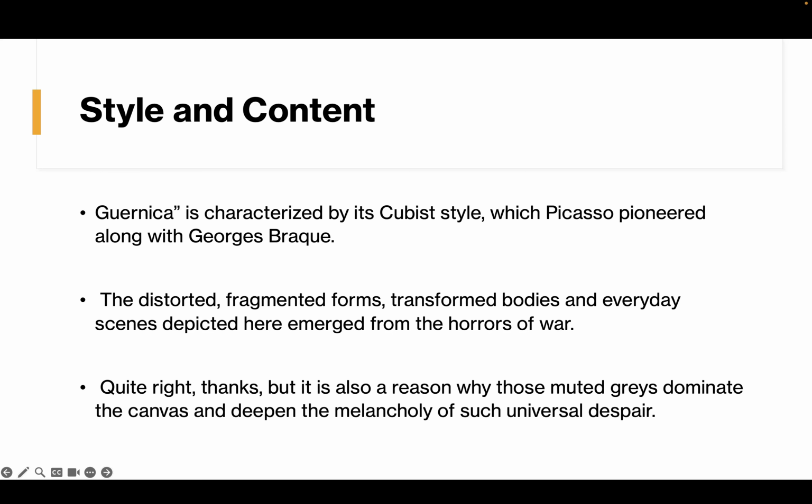The muted grays dominating the canvas deepen the melancholy of such universal despair. We go on to the next slide.